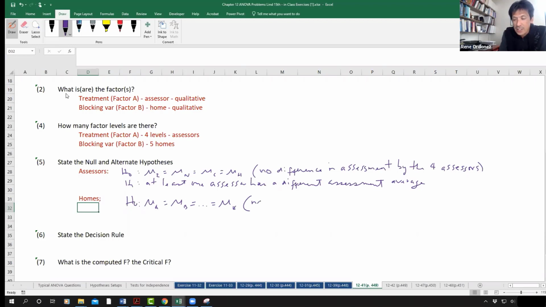So translation: no difference in average assessment values of the 5 homes.